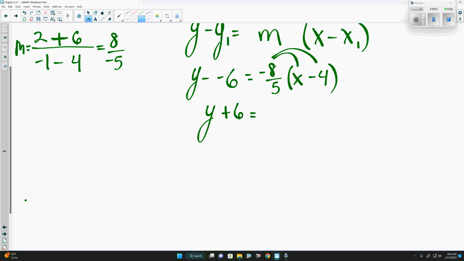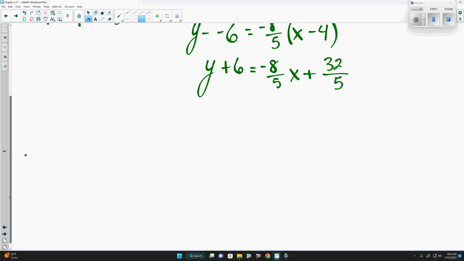Here we can distribute the negative 8/5, which will give us negative 8/5 x, plus negative times a negative is plus, 8 times 4 is 32 fifths. Because whenever we multiply an integer with a rational number, we multiply with the numerator, so 8 times 4 is 32, and it's going to be over 5. Or we can just plug it into a calculator and let it do it for us.